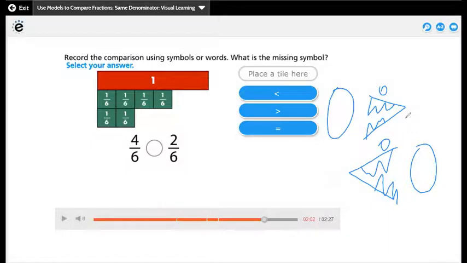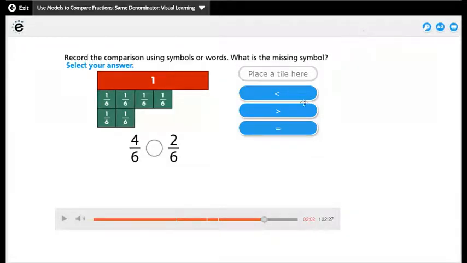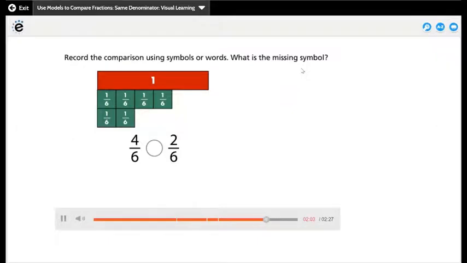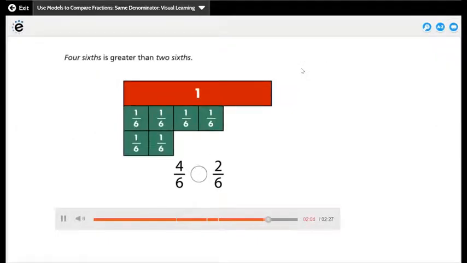If they are equal, we use this sign. So in this question, 4/6 is greater. It means 4/6 is on the left side, so I will use this sign. 4/6 is greater than 2/6.